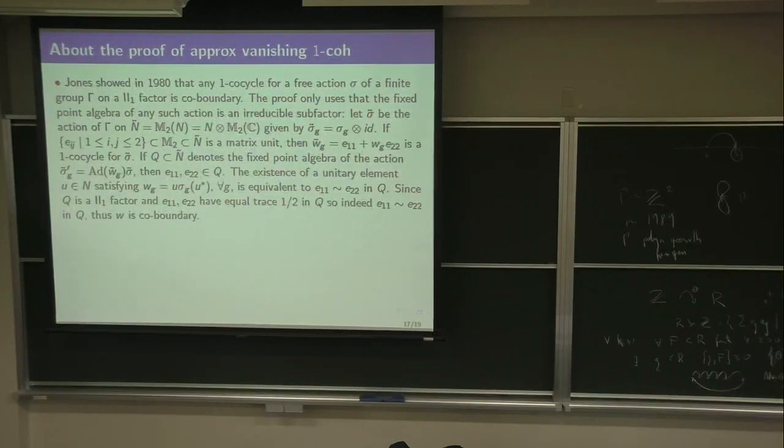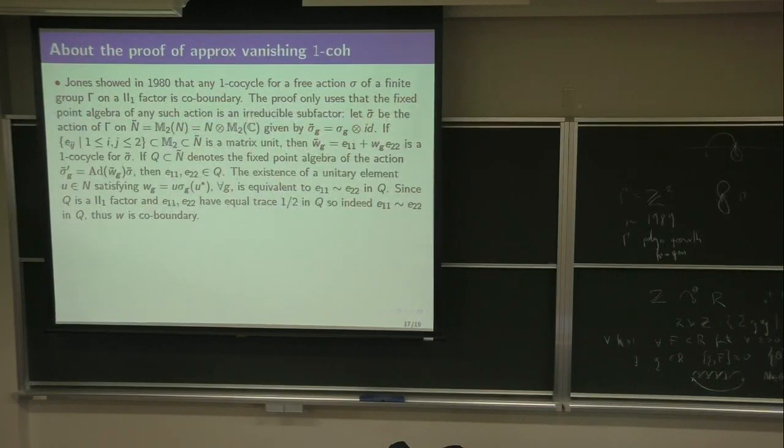But that part is actually true for any action of the finite group on any II1 factor. So he proved, in other words, that any one cocycle for a free action sigma of a finite group gamma on an arbitrary II1 factor is coboundary. His proof only uses that the fixed point algebra of any such action is an irreducible subfactor. That's what you use.